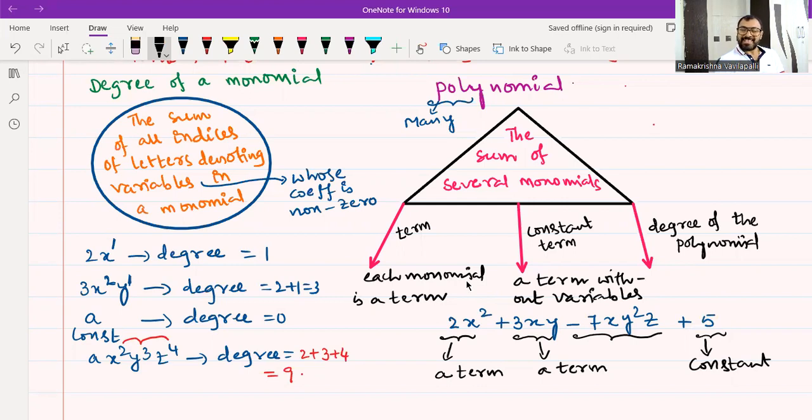Now, what is the degree of a polynomial? Same as the degree of a monomial, we can define the degree of a polynomial, right?